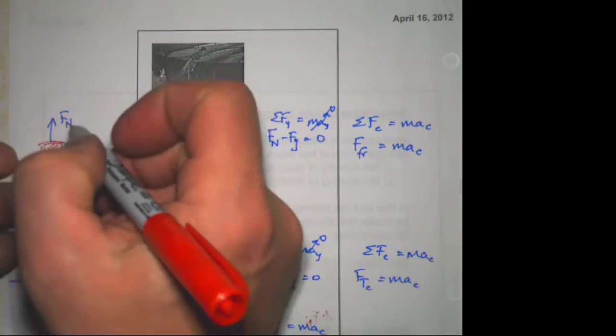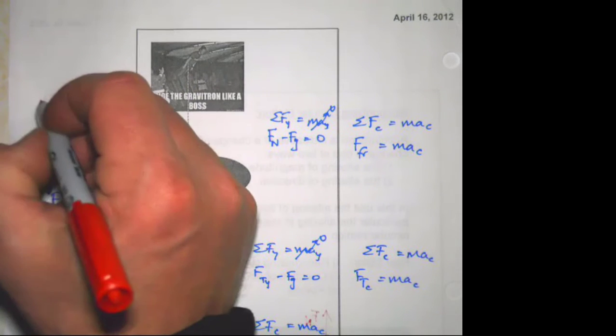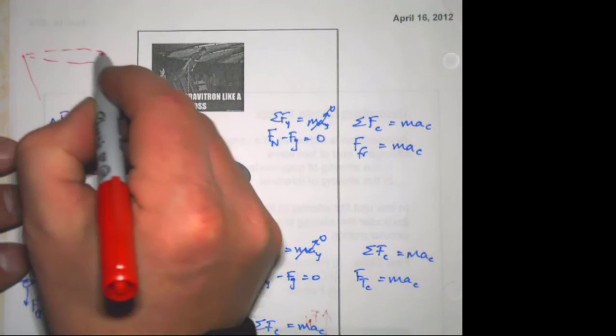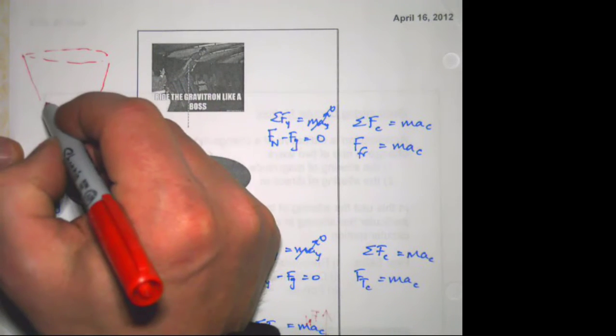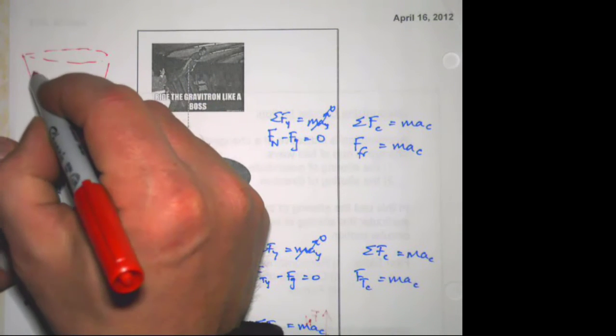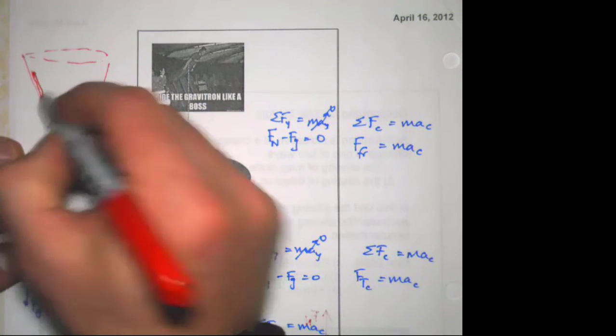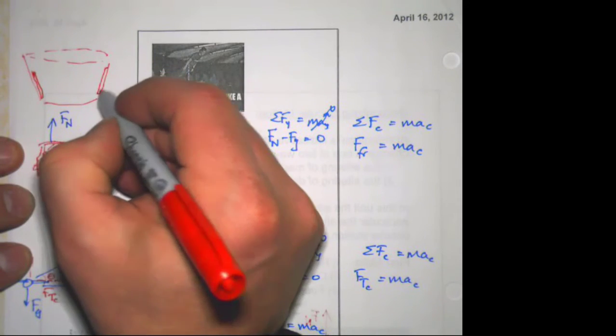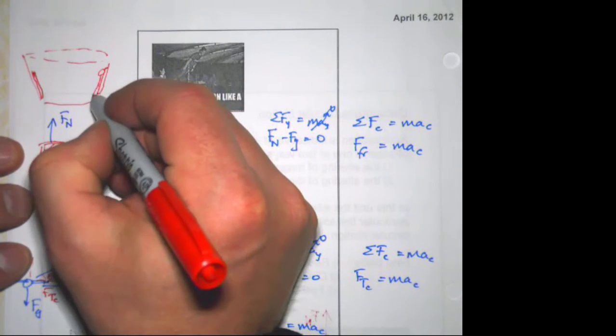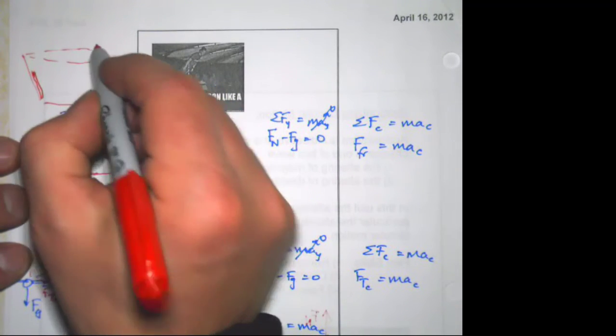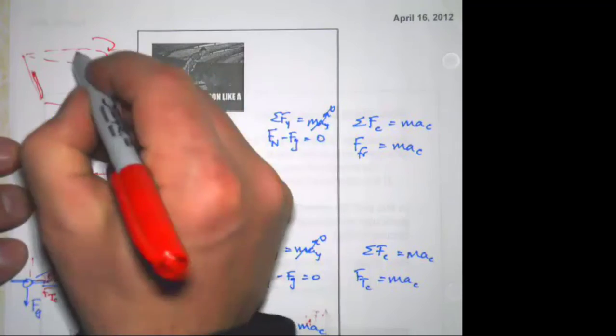So this is a gravitron, so you have a bowed room like this, and people will sit in chairs along the side. So I'll draw, if there was somebody on this side and they were just standing there, they would be like this, pressed against the wall, and then this thing rotates about an axis.